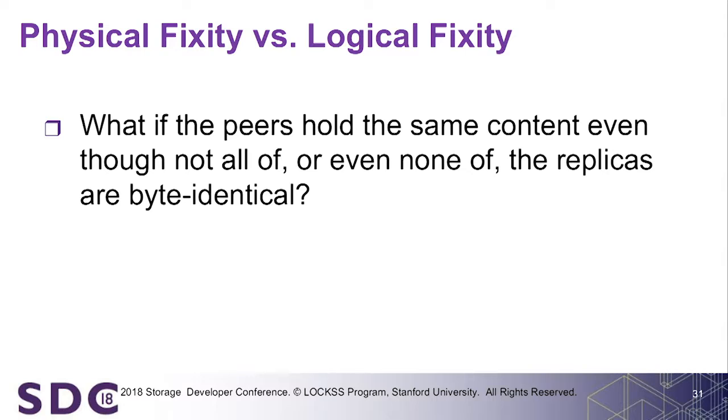But that's actually not a very common case in the original use cases of the LOCKSS system, which was web preservation. Now, nowadays the LOCKSS system is being used on data that doesn't change over time, so there is a physical fixity of the object over time. But many applications of the LOCKSS system in academia are actually where none of the peers, or at least not all of the peers, but even none of the peers have a byte identical copy of the content.